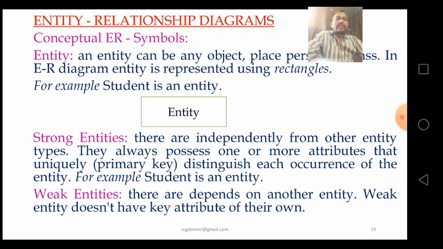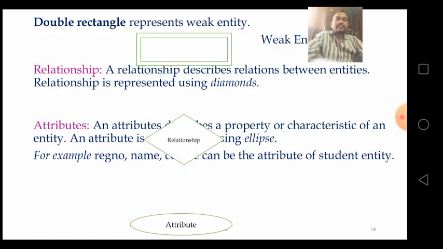Next, another entity is the weak entity. Weak entity means it depends on another entity. Weak entities do not have a key attribute of their own, and depend on another entity. Next, double rectangle.